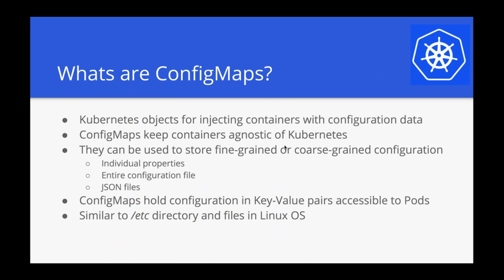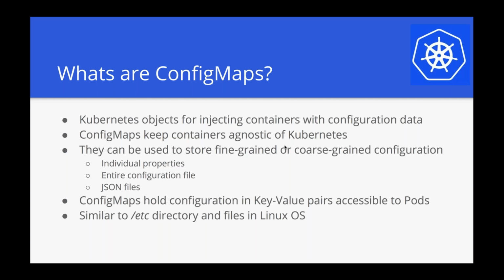It is one of the Kubernetes objects for injecting containers with configuration data at runtime. And one of the core design principles of config maps is to ensure that the applications deployed in Kubernetes are actually agnostic to Kubernetes, which means just because you are deploying an application in Kubernetes, it doesn't mean you have to modify or refactor the application.